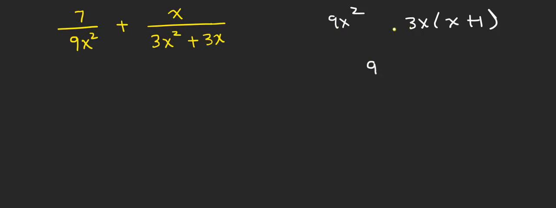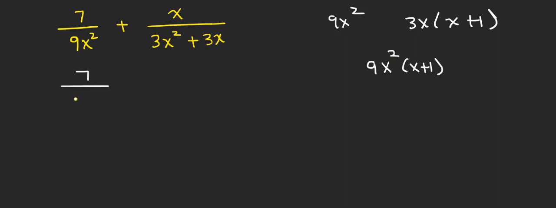Because 9 and 3 can both go into 9. You have x squared and you have x. So you got to choose x squared. You have x plus 1, but you don't over here. So you have to put x plus 1. So now, both of these can go into 9x squared quantity x plus 1. So that is going to be our LCM.